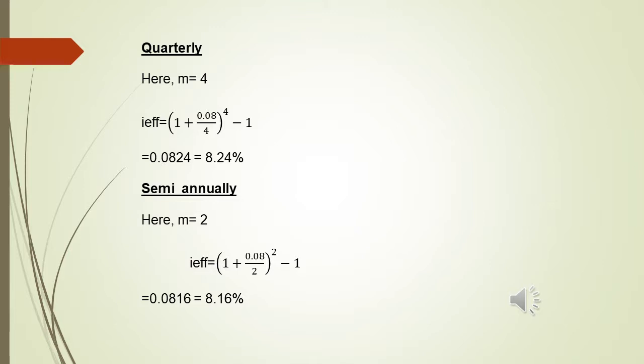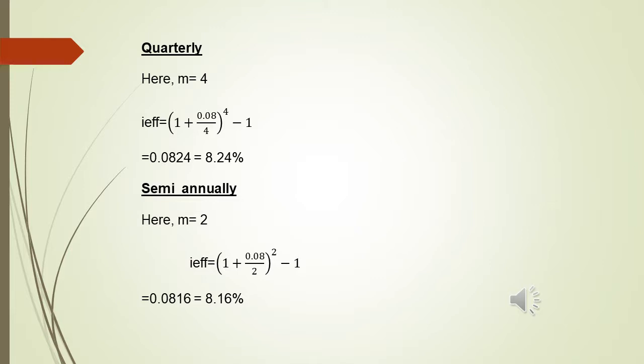Similarly for semi-annually, I effective is equal to (1 plus 0.08 divided by 2) whole to the power of 2, minus 1. My answer will be 0.0816, which is 8.16%. So this is the I effective for all four that were asked.